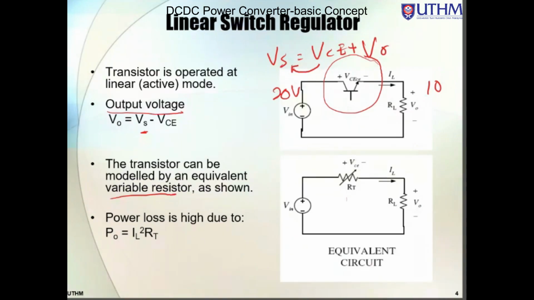So the same concept using the equivalent variable resistor. If we reduce the resistance value to the minimum, then it becomes like a short circuit. If we increase the resistance value to the highest value, then it becomes difficult for the current to pass through that resistor. So it's like open circuit.